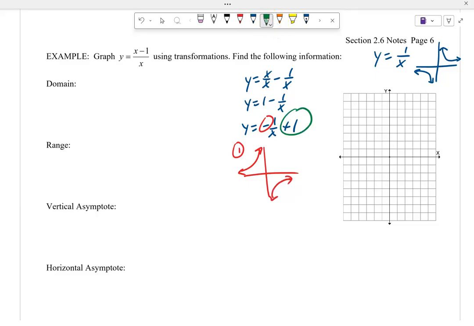The plus 1 would move the whole thing up 1, a vertical shift up 1. So everything's now up 1 in green. That's what I'm expecting to see if you're doing this with transformations, that green one right there. Okay, now let's go through this formally as if we did not do it with transformations.